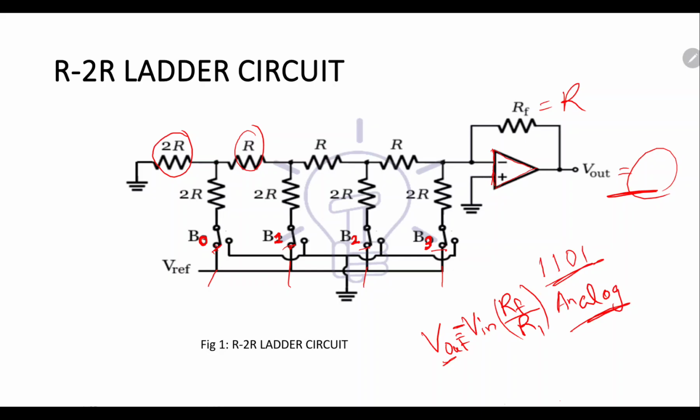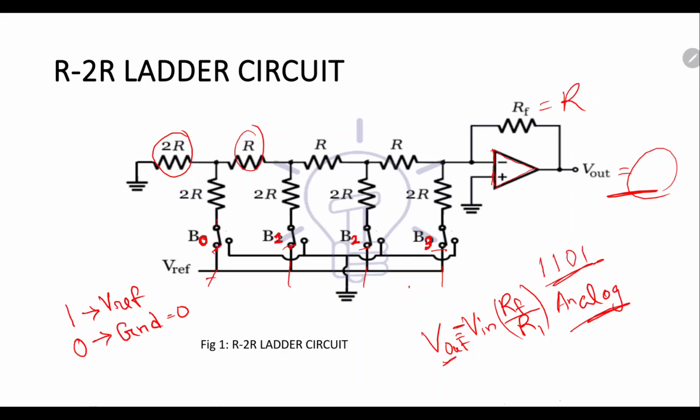One more thing to keep in mind: if the input digit is 1, then V reference will go as input. When the input digit is 0, then it will be connected to ground, which means 0 will be going over there.